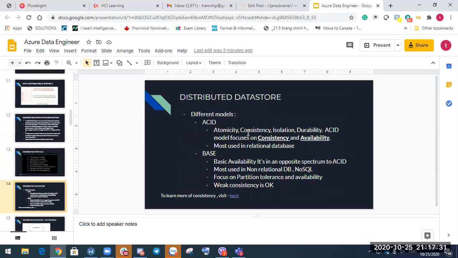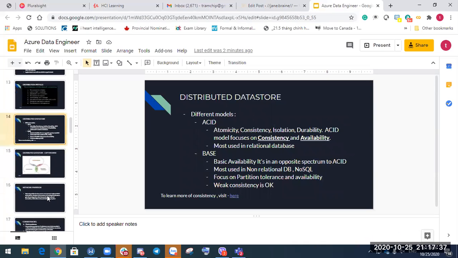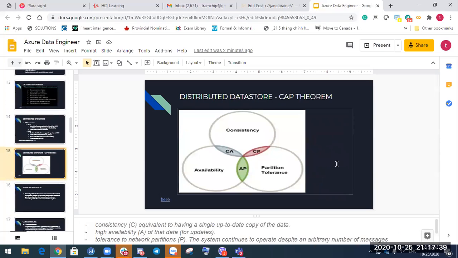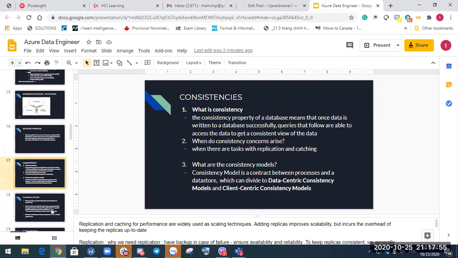We also talk about ACID and BASE, which is the core for relational and non-relational models. We also talk about the CAP theorem, and today when I was discussing with Suli and showing her some of the documents on Azure, I realized that there's something I'm missing, because there's a very influential paper.